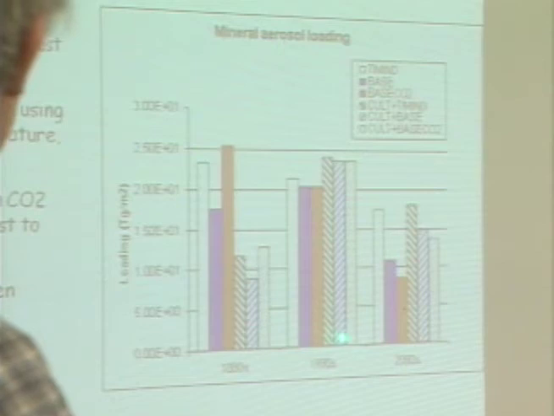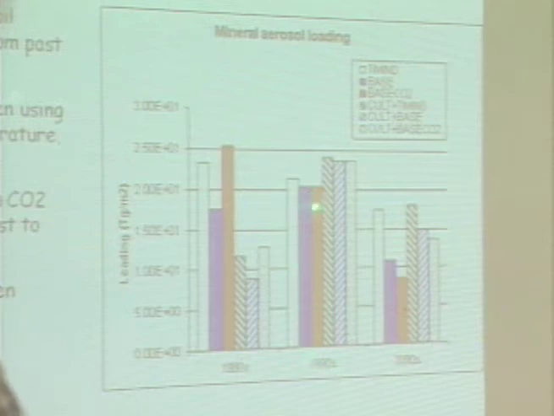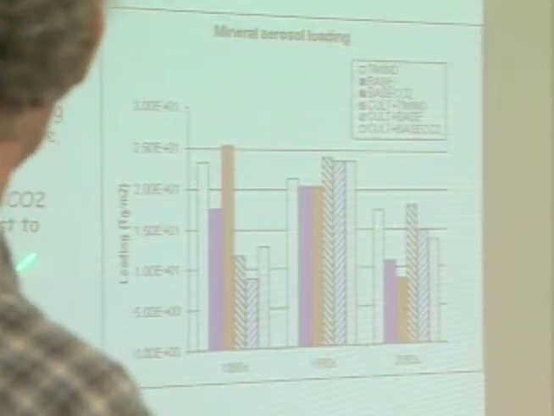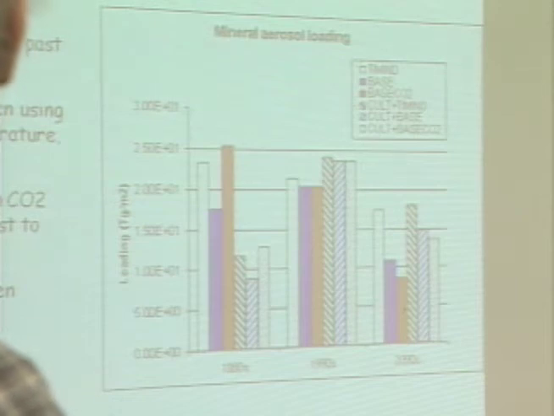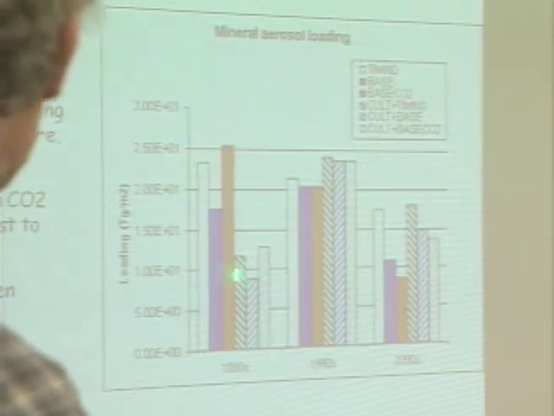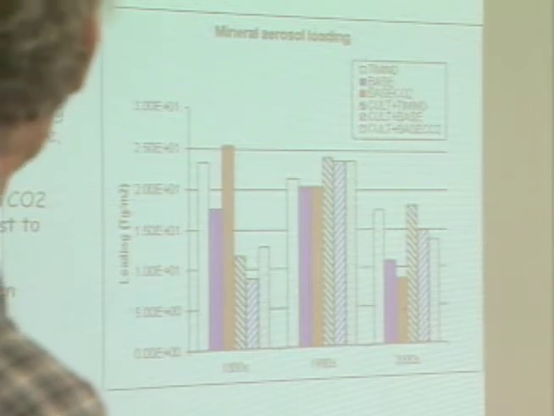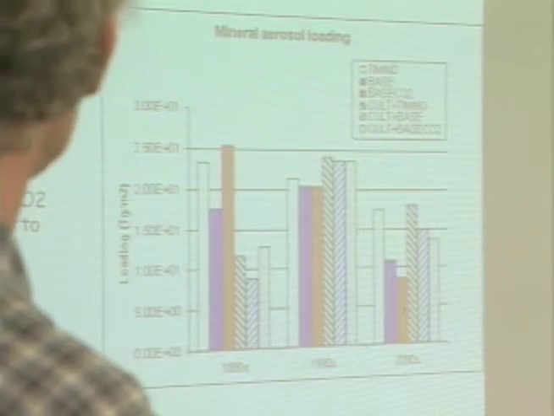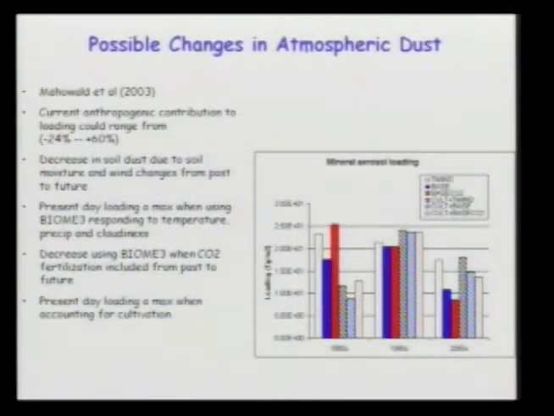And what you see there is that using those scenarios, which are indicated by the blue line here, the burdens are a maximum in present day and were actually lower in pre-industrial and will be lower in the future, to a result in which she also allows CO2 fertilization to occur in BIOME3, and then a set of results in which she begins to try to account for cultivation as well.